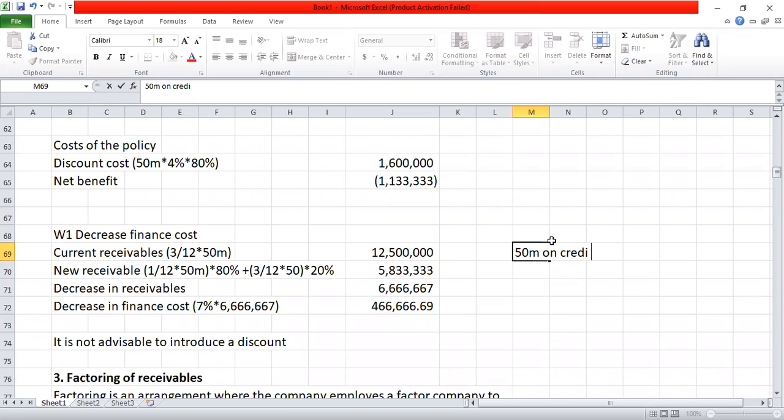It's only 1 month that will remain unpaid. So if I want to get the receivable at the end, it will be the 50 million I've sold divided by 12.